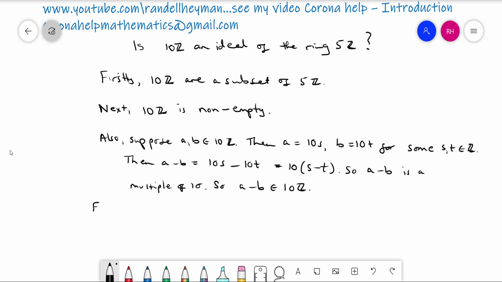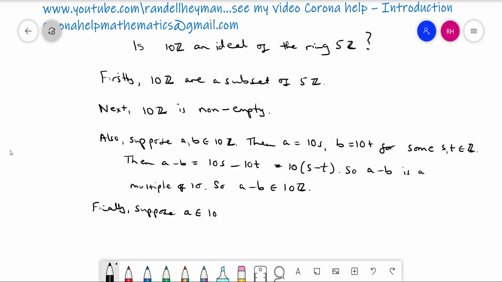And finally, we have to show this sort of closure. When we take an element of the ideal, multiply it by an element of the ring, we must get back to the ideal. So what's that saying? The ideal is closed under multiplication by an element of the ring. Suppose, let's call it A, I can use A again, there's no problem with that.